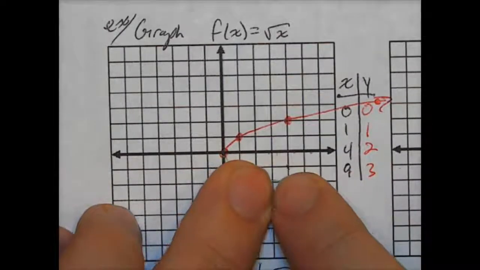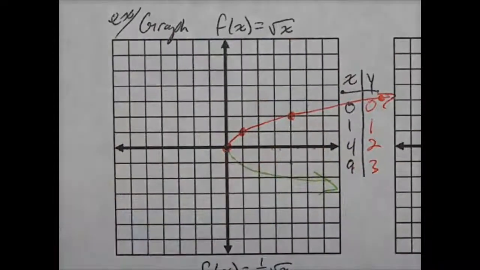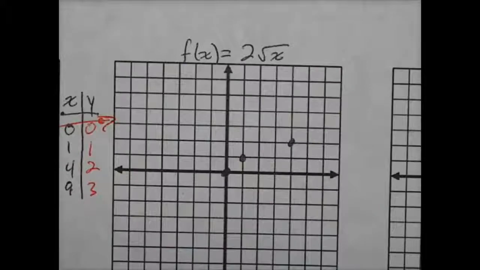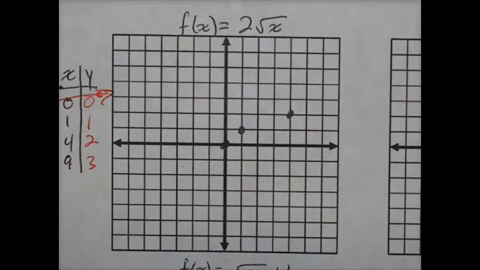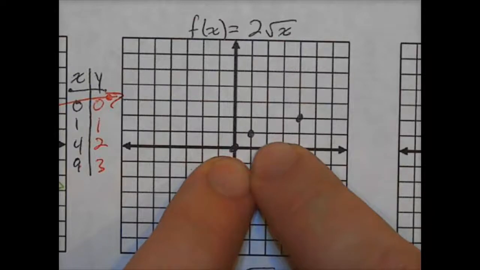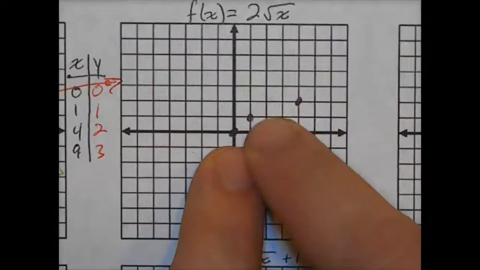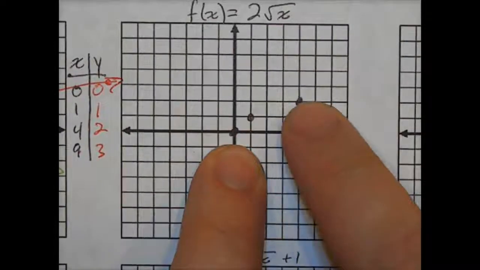Now we're going to look at how we can change how the graph looks. So the first thing I'm going to show you guys is f of x equals 2 times the square root of x. In my graph here, I have the parent function points already on here, the same points that we have from here. So I know the square root of 0 is 0, the square root of 1 is 1, the square root of 4 is 2.